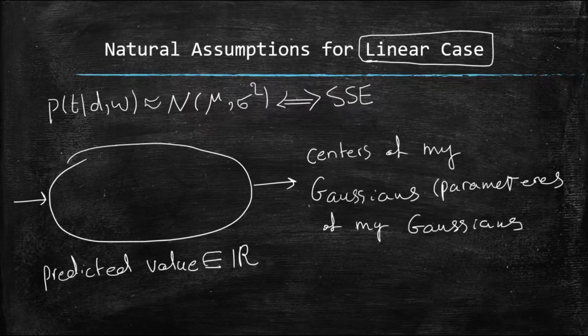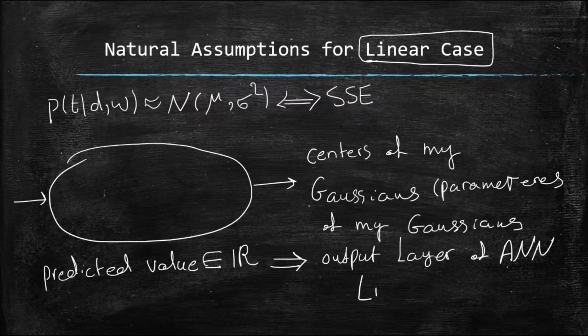So because of this whole story, the output layer of my artificial neural network is considered to be, remember, linear. This is very important for regression. Why? Because I don't want to apply any transformation to the output of my artificial neural network.